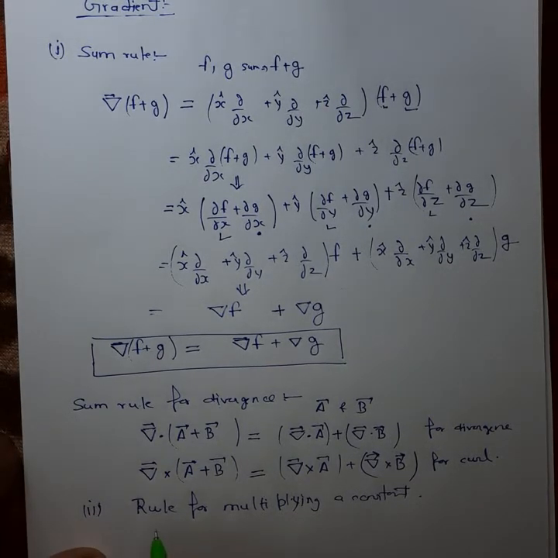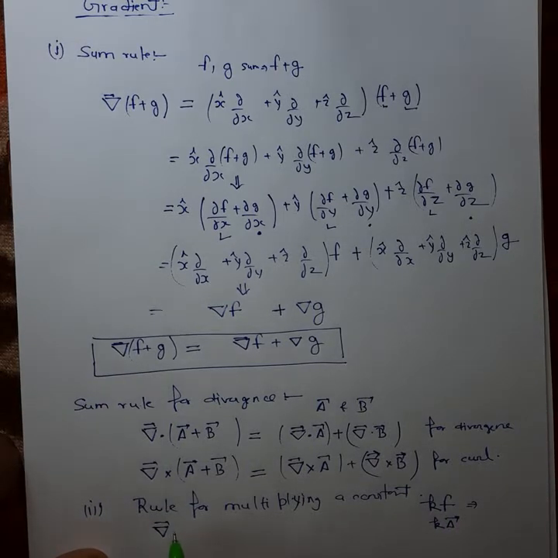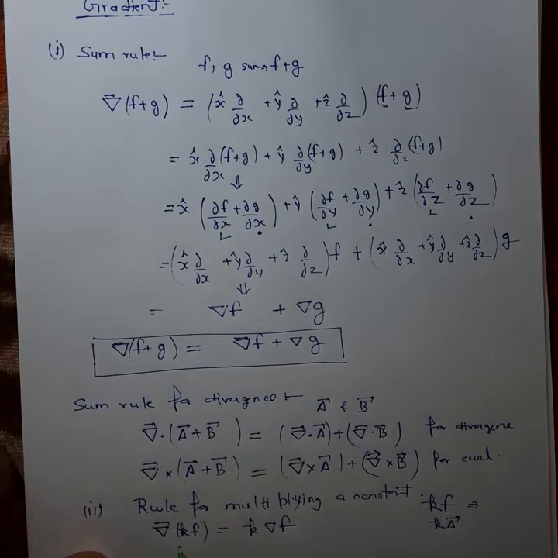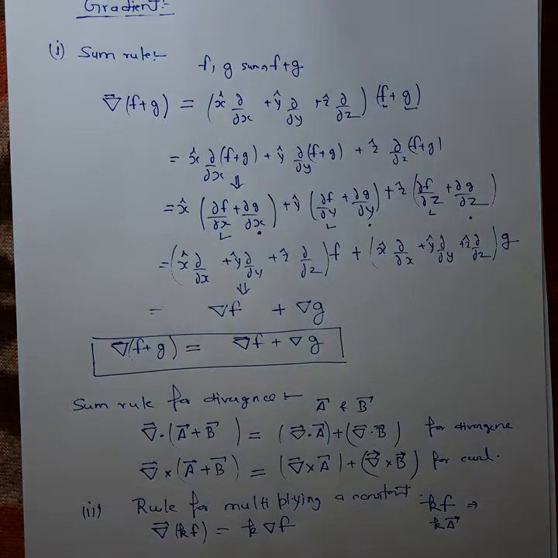Let k be a constant, and if you multiply it to a scalar function it will give kf. Similarly you can multiply it to a vector function. So gradient of kf can be written as k times gradient of f. You can do it by yourself in the way I have done in the previous sum rule. So you can write like this.